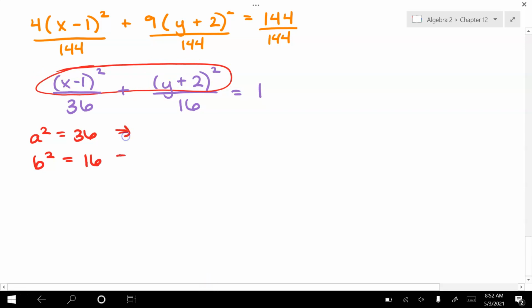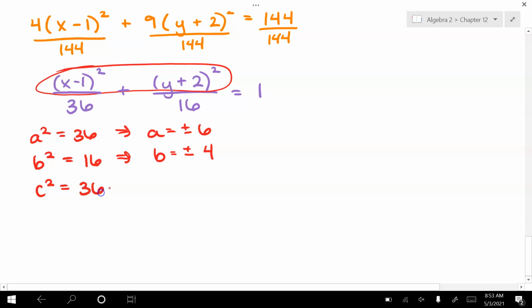So let's go ahead and finish this out. What's my a value going to be if a squared is 36? What's the square root of 36? 6. What's the square root of 16? 4. So there's your a and there's your b. Now to find c, we're going to take a squared minus b squared.